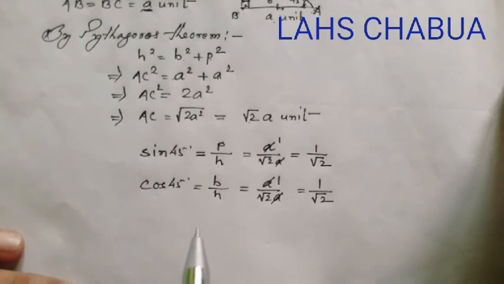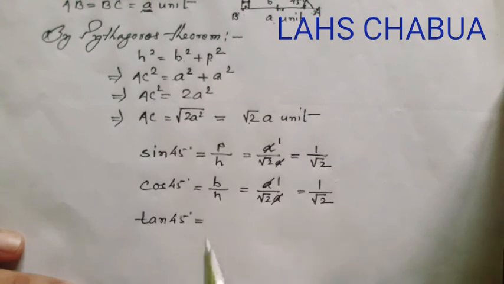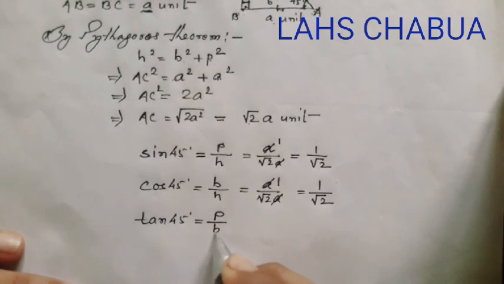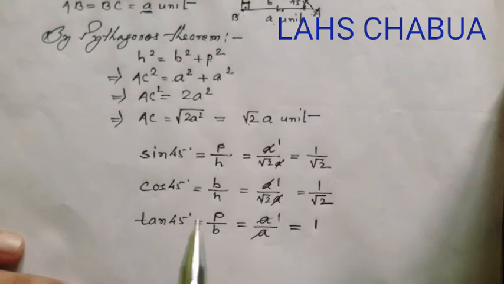We got cos 45. Next, tan 45. Tan 45 is p by b, perpendicular upon base. Perpendicular, as we have assumed a, and base is also a. So a cancel, 1 unit. The value of trigonometric ratio for tan 45 is 1.